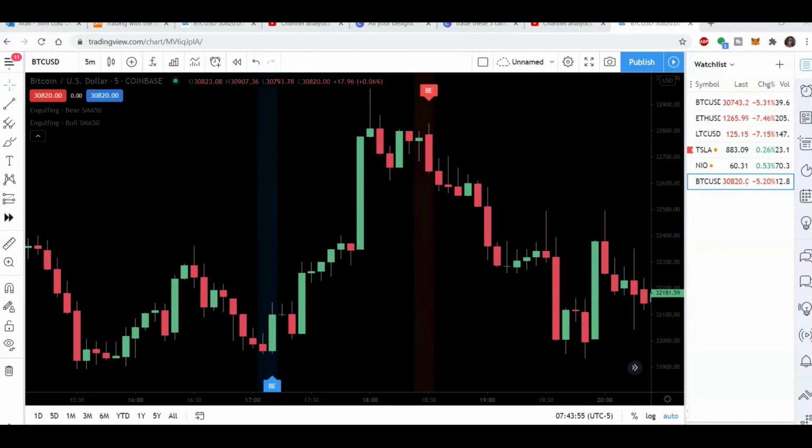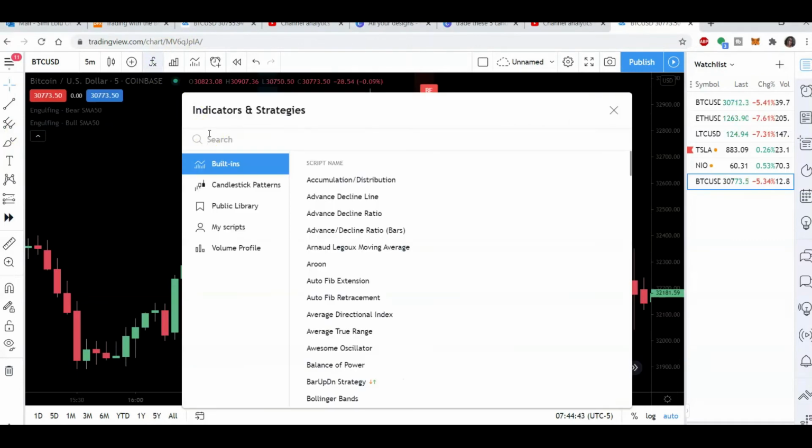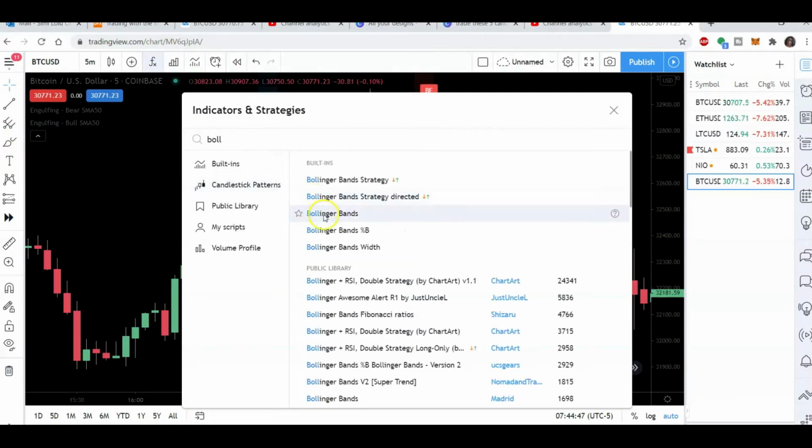For instance, with this one, I would want to double confirm the bullish or the bearish indicator by using a Bollinger Band. So let's go back to our indicator tab, enter Bollinger Bands, there it is.